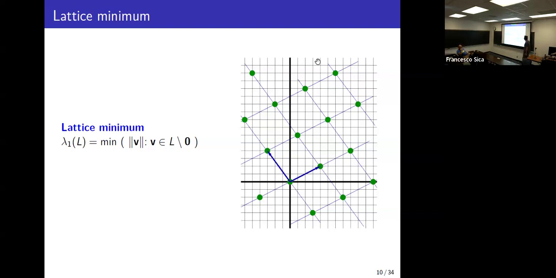Given a lattice, lambda 1 is a function defined on lattices that essentially extracts the minimum value of the L2 norm. All the norms here are Euclidean, of a non-zero vector. For example, in this picture, I'm excluding the zero vector, and visually it looks like this vector is giving me the shortest length, right?